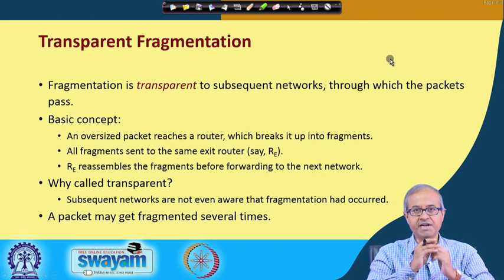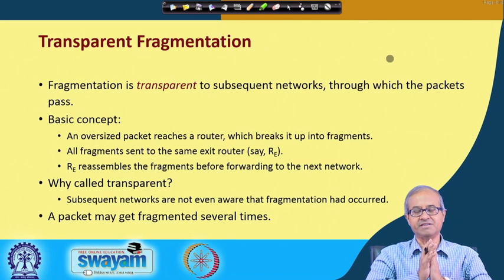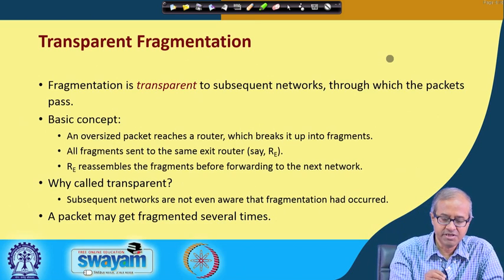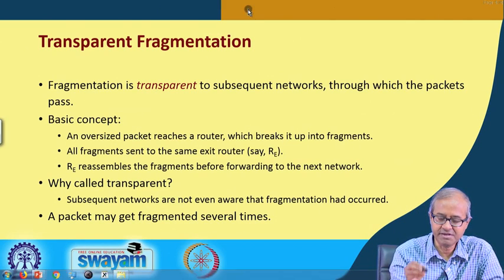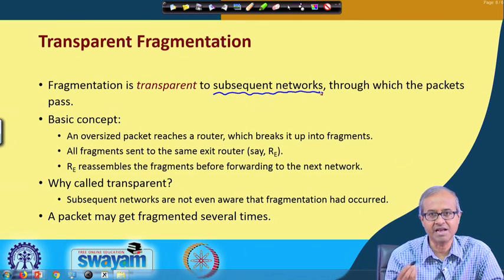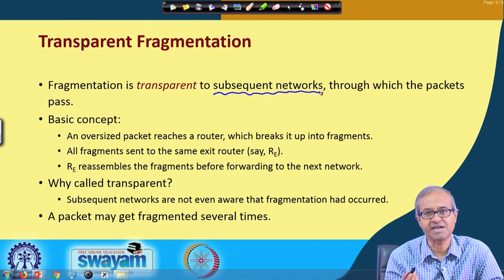So, let us first look at transparent fragmentation. Transparent means the networks do not understand that fragmentation has taken place; it is transparent. Let us see the idea. Here, whenever there is fragmentation, the subsequent network does not realize that fragmentation has taken place.